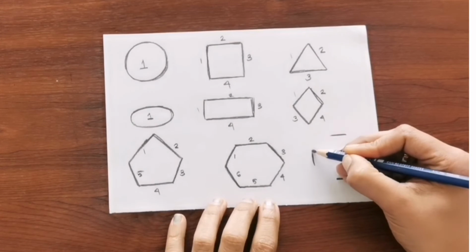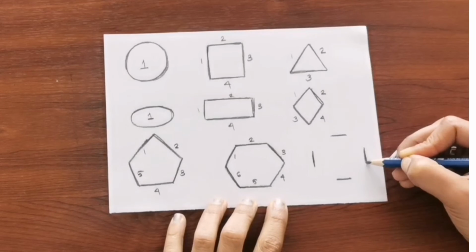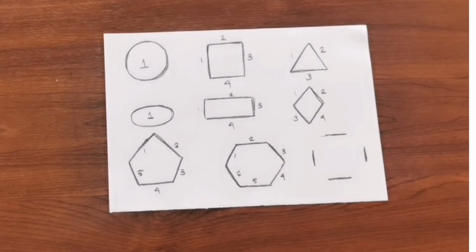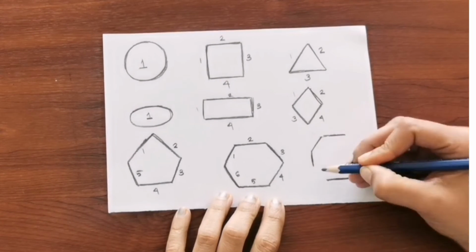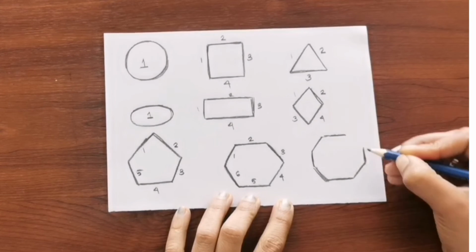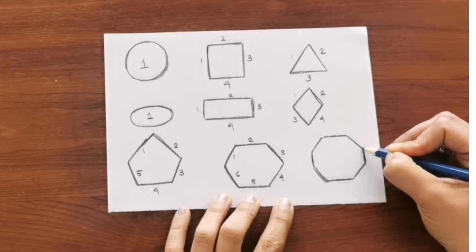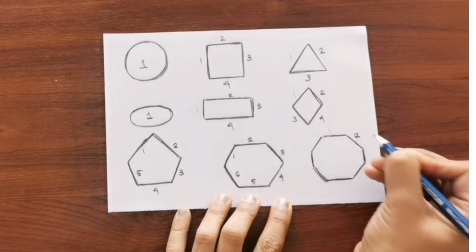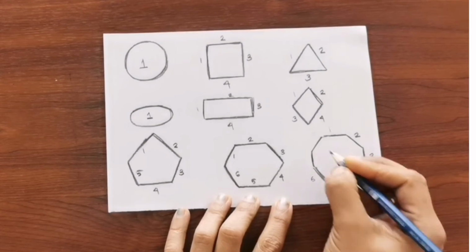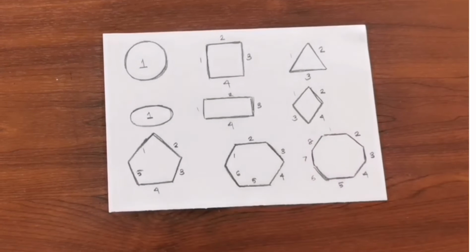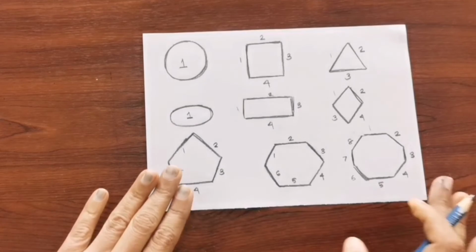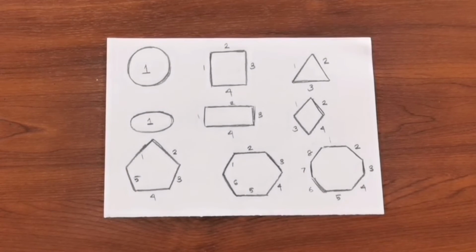As you can see, draw two lines this way and two lines this way equally, and connect them with slanting lines to form an eight sided octagon. So this is how we make all these regular shapes. With these we can calculate the width and do all the maths. We can apply maths on all these shapes, that's why they are called geometric shapes or regular shapes. So practice all these, learn the names of all of them and keep doing it.